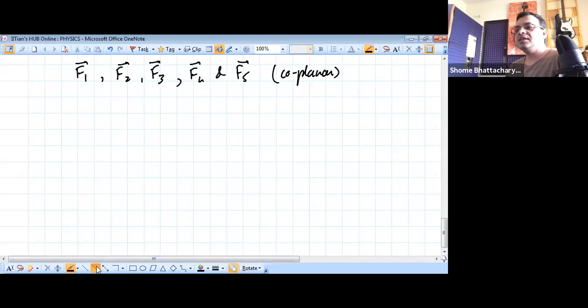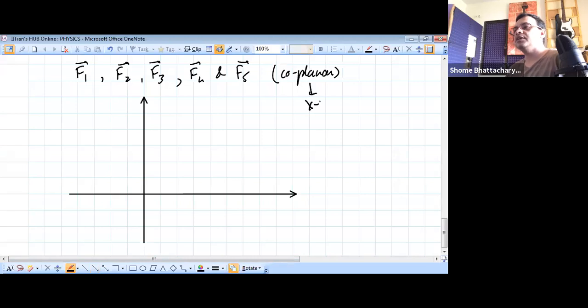So suppose the plane in which they are lying is what we have drawn as our xy plane. And further, let us assume that we have taken our x-axis to be along one of the forces, which is F1. So the force F1 in my diagram is along the x-axis, and it's of magnitude 10 newtons.